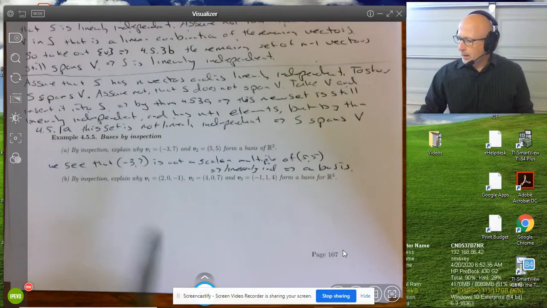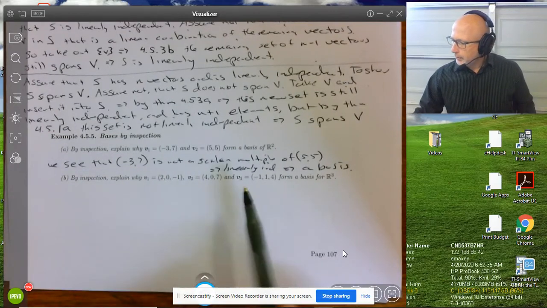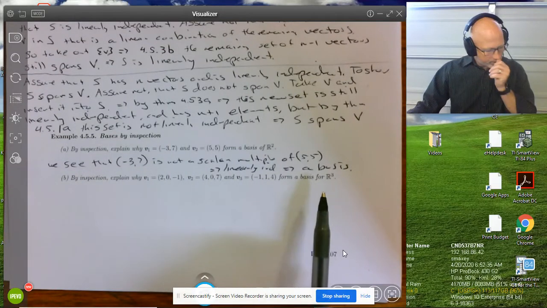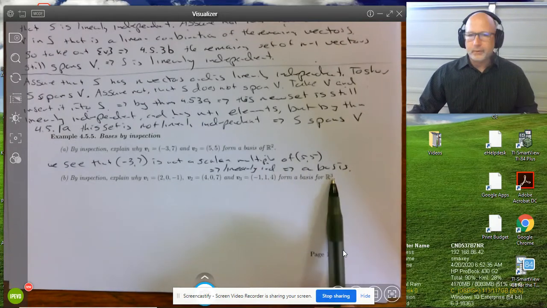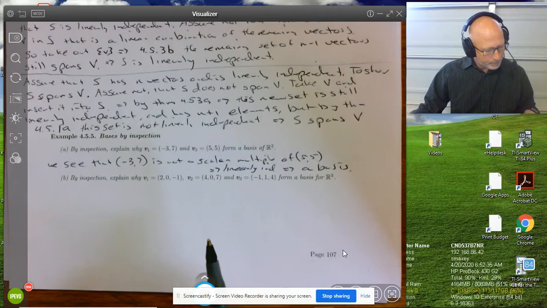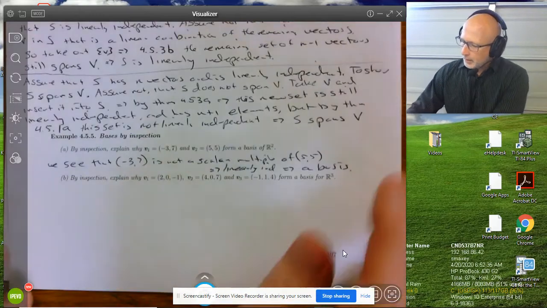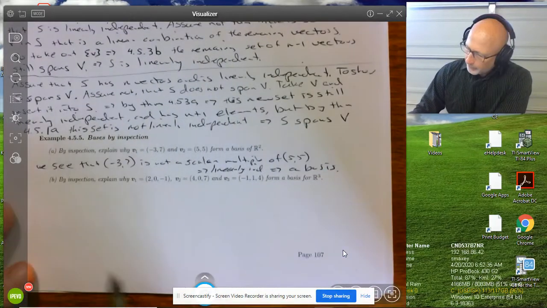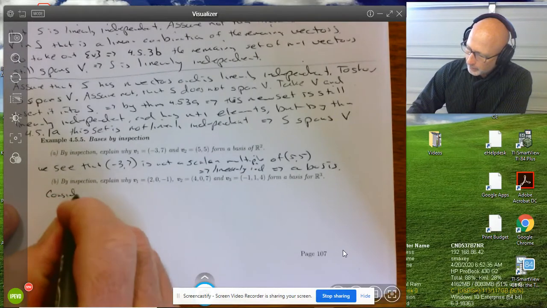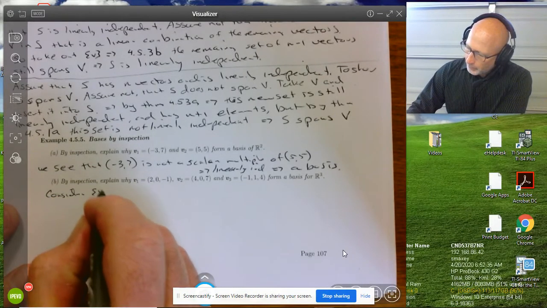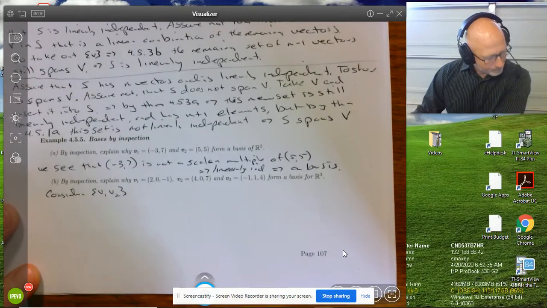Okay, and then explain why v1, v2, v3 forms a basis for R3. Once again, you have three vectors there in R3, so it's of the same size. So it's essentially the same thing here. But what we're going to do is first consider v1 and v2.